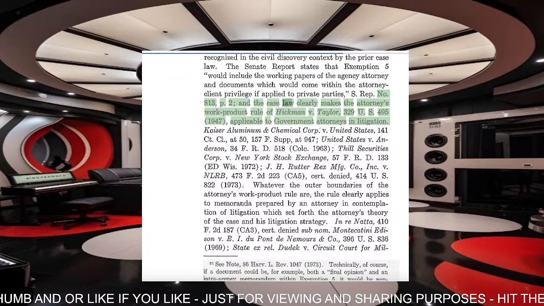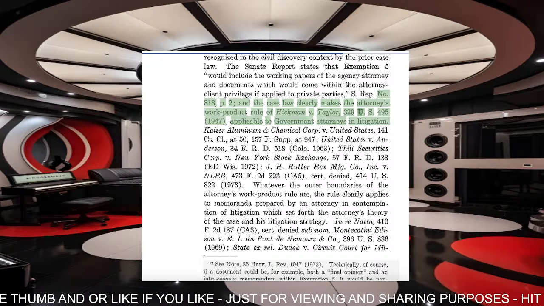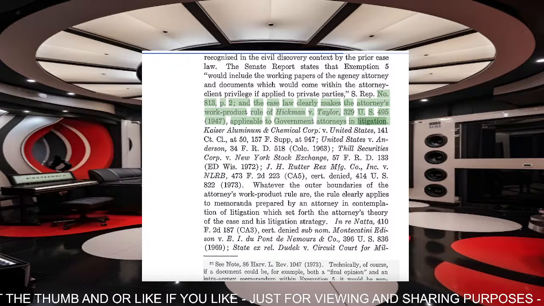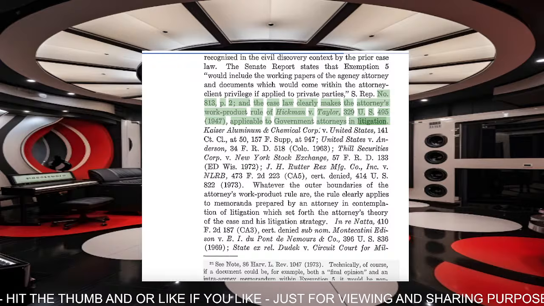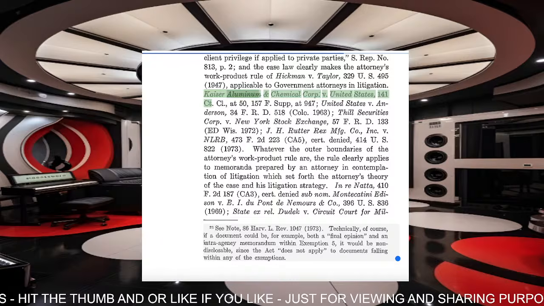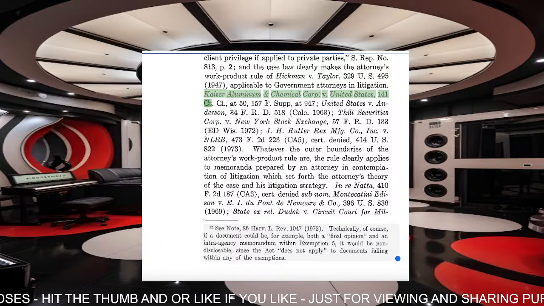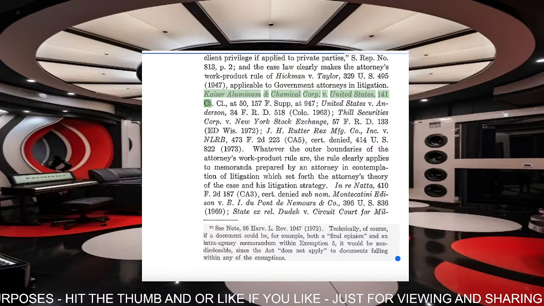Number 813, page 2, and the case law clearly makes the attorney's work product rule of Hickman v. Taylor, 329 U.S. 495, applicable to government attorneys in litigation. Kaiser Aluminum and Chemical Corp. v. United States, 141 Ct.